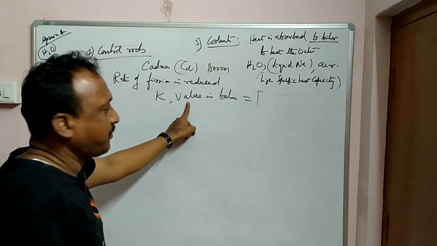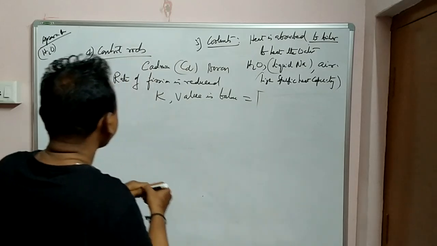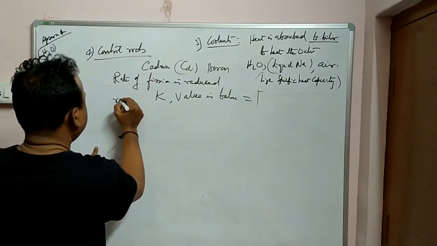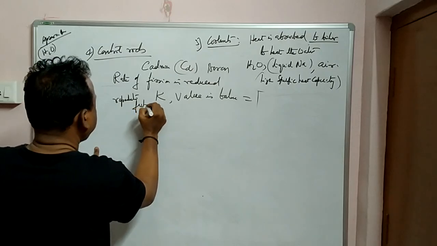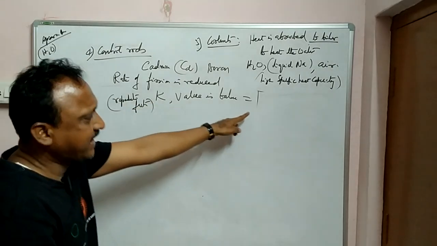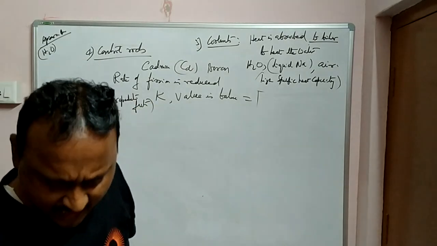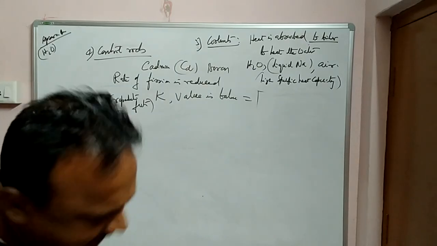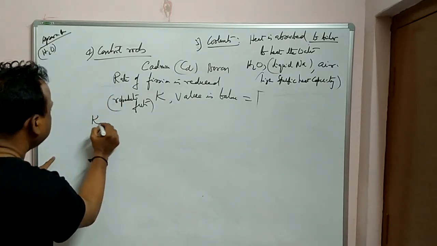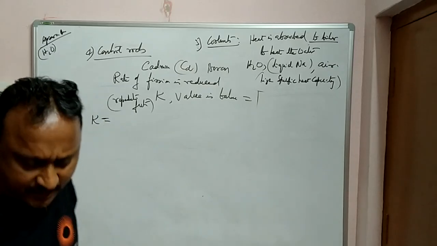And the K value, the reproduction factor K, is maintained as 1. Okay, and this K you can also define like this. Now, what is K? First of all, let me define.